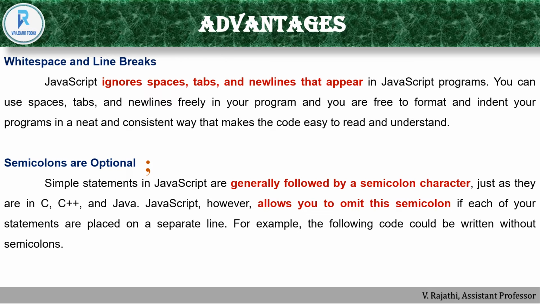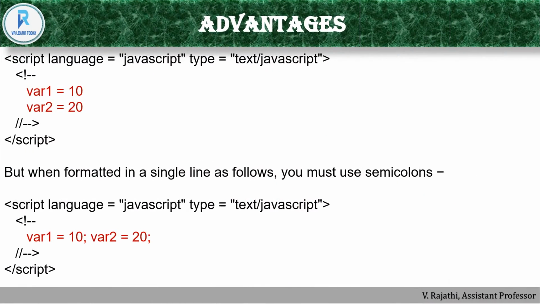The next is that semicolons are optional. Like I say, you need not give a semicolon at the end of every statement. There is no need, it's optional. Simple statements in JavaScript are generally followed by a semicolon character, just as they are in C, C++ and Java. However, JavaScript allows you to omit the semicolon if each of your statements is placed on a separate line. For example, the following code could be written without semicolons.